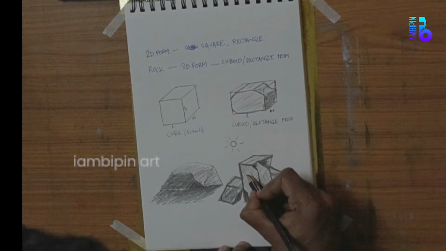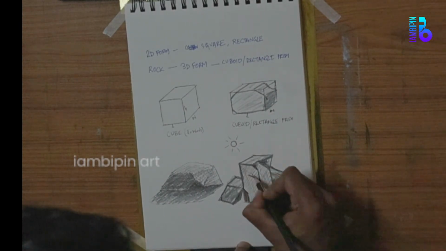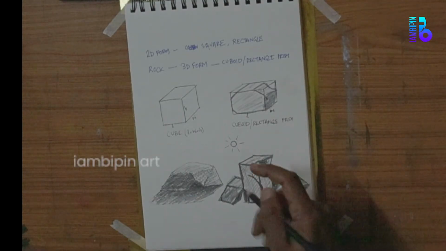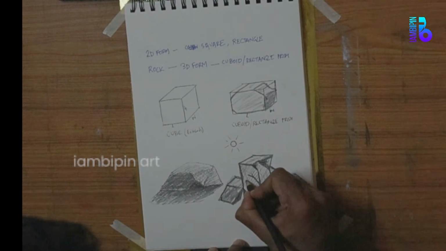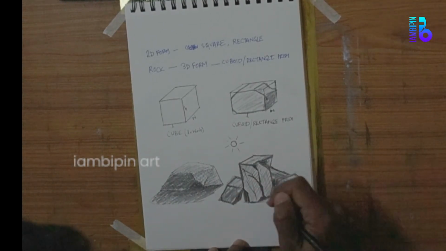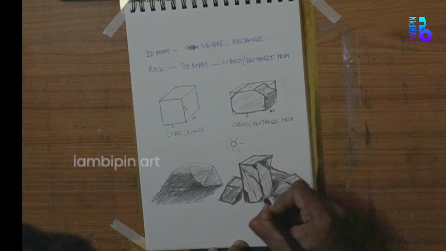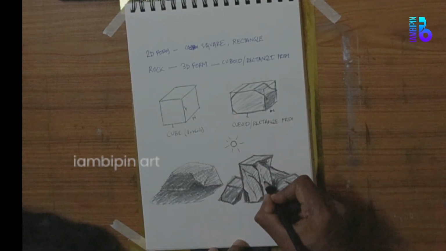While shading, we use a 2H pencil. We start with the 2H pencil and then we will move over to darker pencils. Let's see what I have done. There are certain cracks.